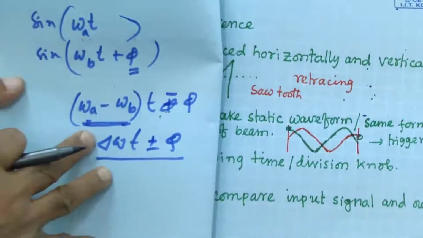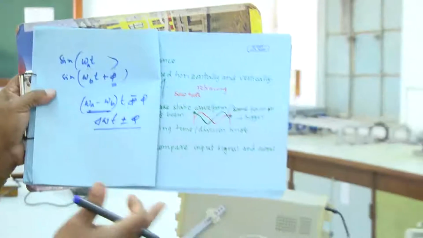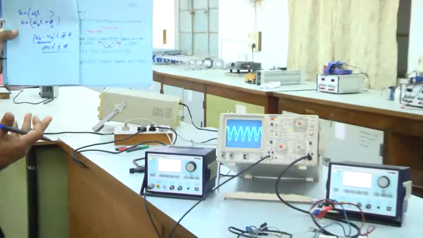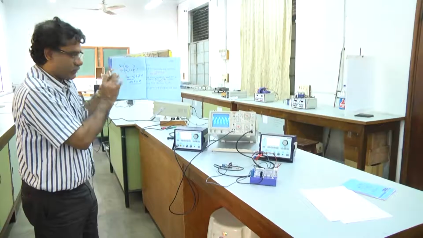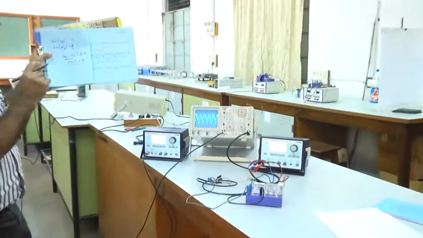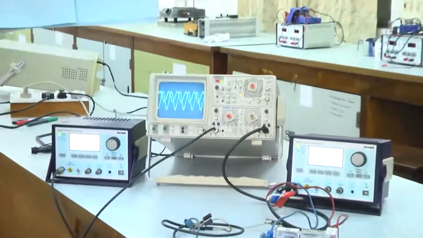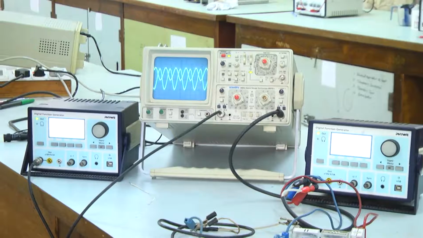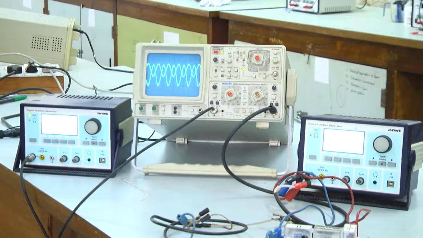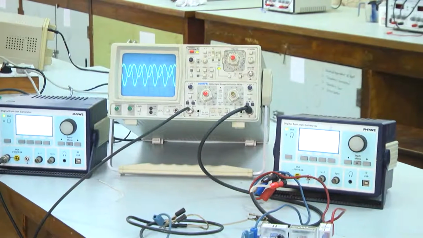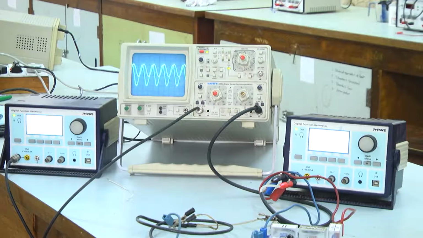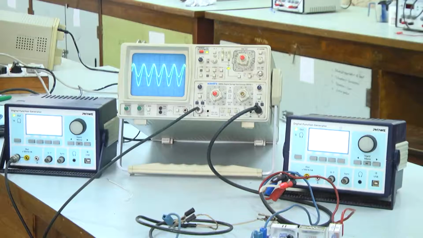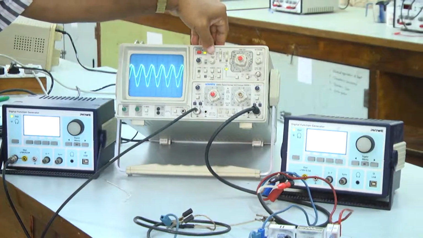That is why, and this is also a high frequency, 5 kilohertz. In a lower frequency it does not happen. The reason I could tell you why this slight shifting is there, but I am using it to show you this Lissajous figure. If you take two signals and any phase difference is there between these two, from the Lissajous figure you can find it out. So that is what I was showing you.